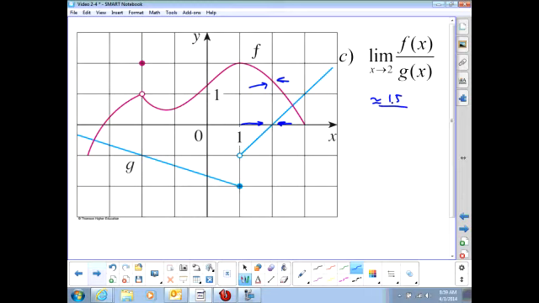But on the bottom, g of x, you can see those y values are getting closer and closer to 0. We had in our theorem that it only worked if the limit of the function in the bottom, because it might not always be g of x in the bottom, is not 0. If that limit's 0, then our overall limit did not exist. So this one does not exist because we would end up having 0 in the denominator.